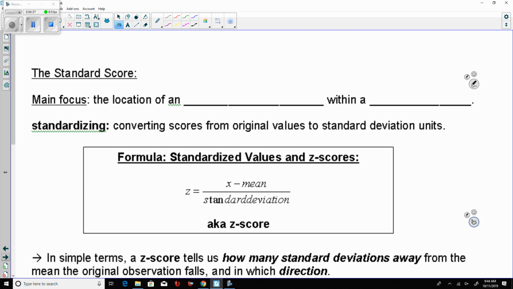The standard score, this is on page 107, when we're looking at our formula. The main focus of your standard score is the location of a standard deviation within a mean.